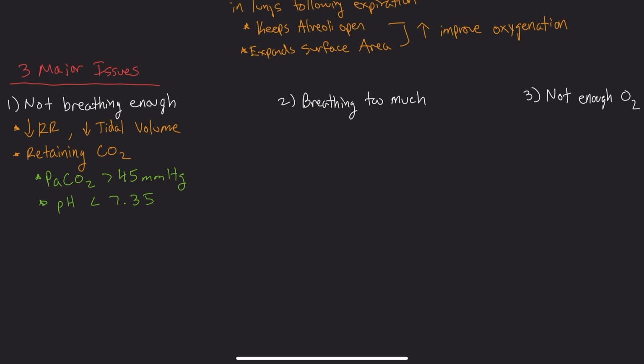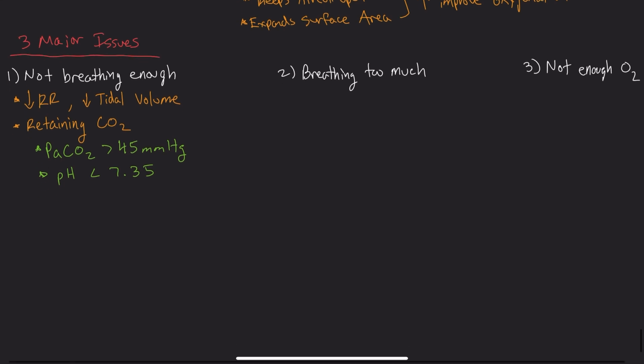Okay, so you have a patient who is not breathing enough or not moving enough air. So how do you fix this? Your goal is to make them breathe more, right? The two ways that we can do this are, you can either increase the respiratory rate, and/or you could increase the tidal volume.